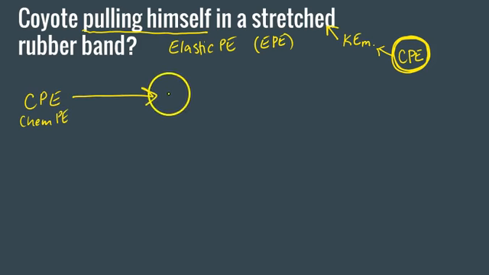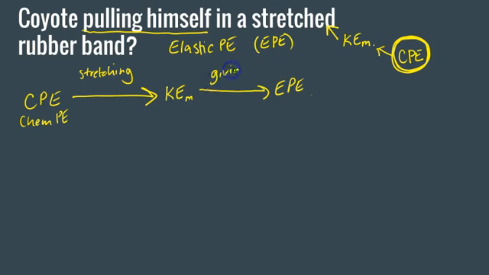So when he stretched it, he moved it, and that was motion kinetic energy. So that was stretching the rubber band. And then he had to go a little bit further. When he stretched it out, he gave the elastic band elastic potential energy.